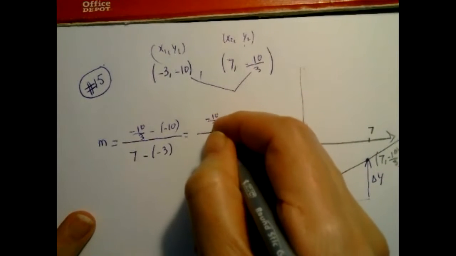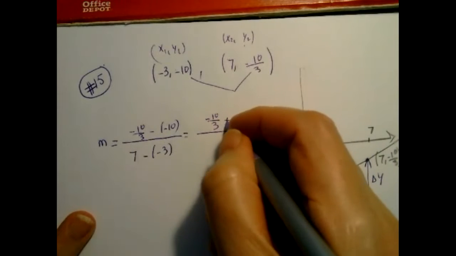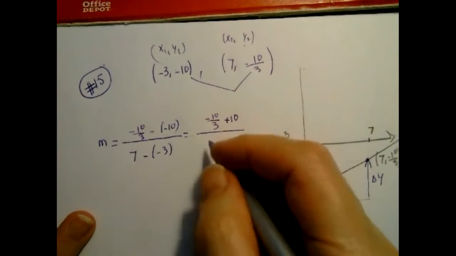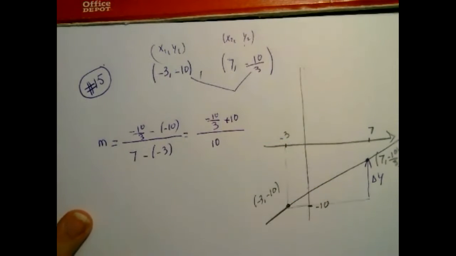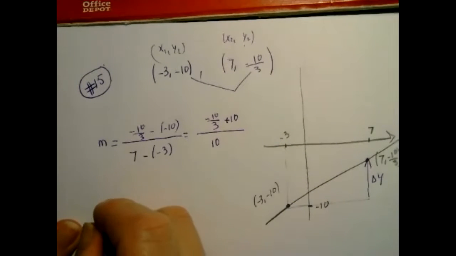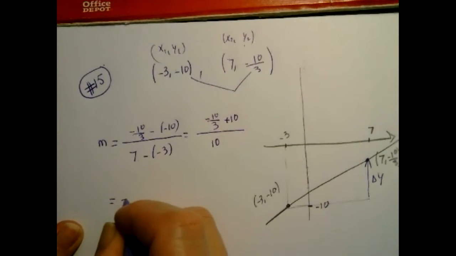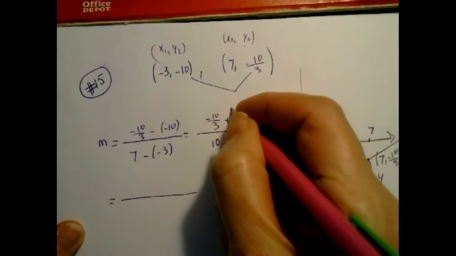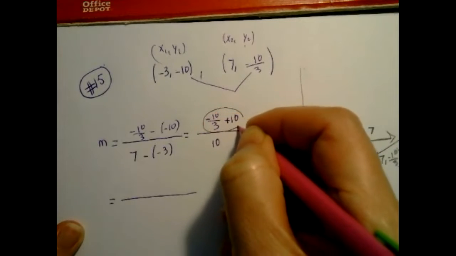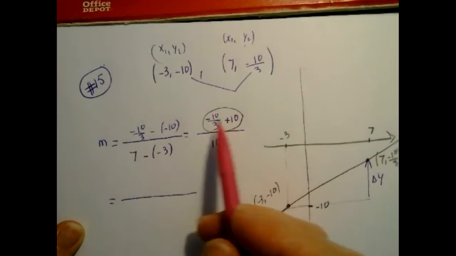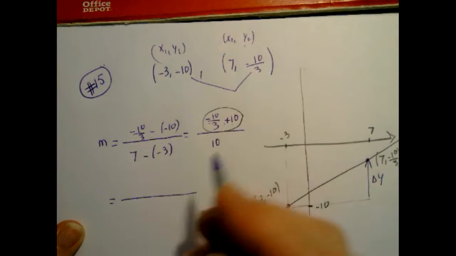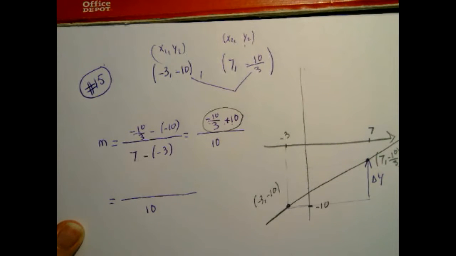10 minus -10/3, the minus will give me plus 10/3. And down here, it's just a 10. All right, so it's a mess, of course. We're going to make it look nicer. Usually I'm going to ask you to give me the answer, not as a decimal, but as a fraction. The best way is to find a common denominator in the top. So this is a 10, I won't touch.